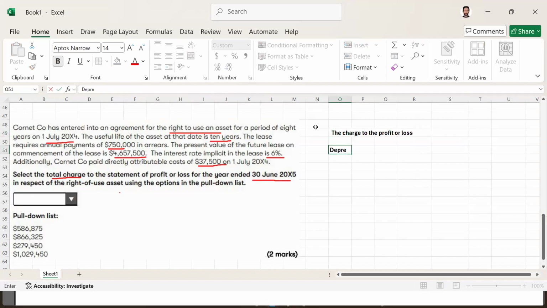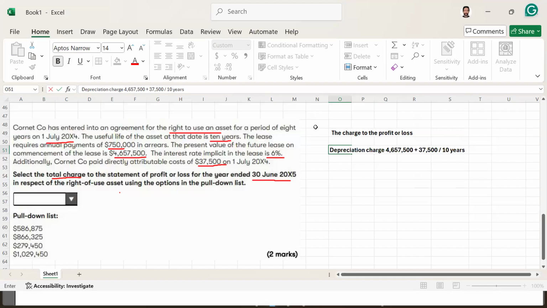We have the depreciation charge first, which is going to be the present value of the future lease payments, 4,657,500, plus the directly attributable cost, 37,500, and whatever value we get, we divide it by the useful life, which is 10 years.